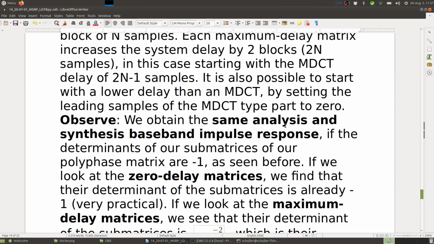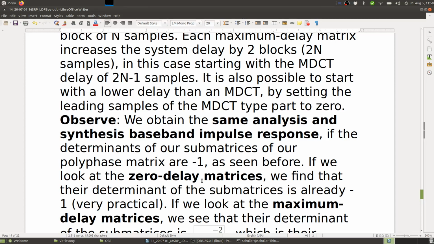Observe that it doesn't need to be a paraunitary filter bank because the number of zero delay and maximum delay matrices can be unequal, but we can still apply this rule that the determinant is -1. So we don't have symmetric filters anymore as in the orthogonal case or paraunitary case, but we can still have identical analysis and synthesis baseband impulse responses by applying our constraint determinant is -1. So that's quite useful here in this case.